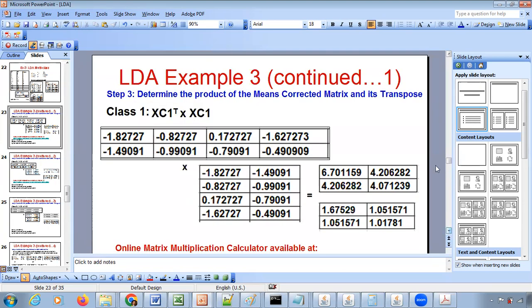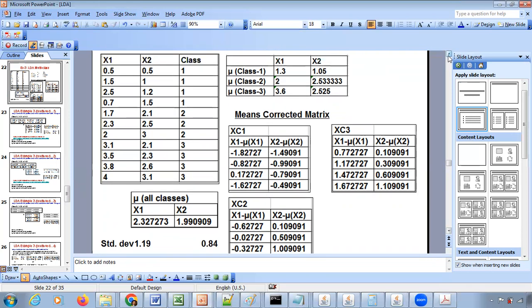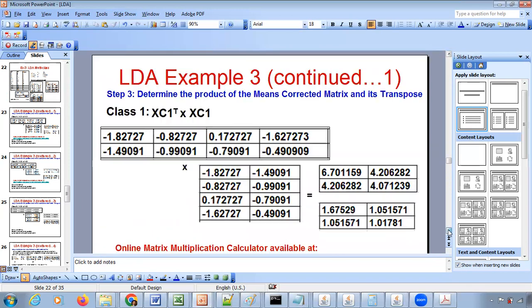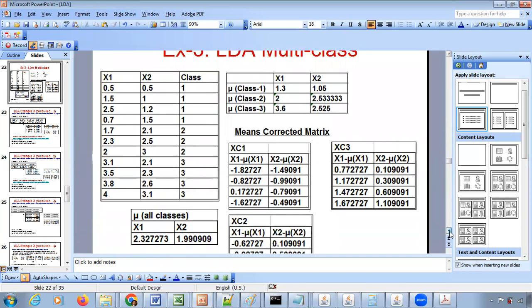So once you find the means for each class and the overall means for all the 2 features, we are ready to find the means corrected matrix. Here we're going to have 3 means corrected matrices, one for each class. So XC1 is going to be just for these 4 records. It's going to be again the overall mean. So 0.5 minus the overall mean, 2.327.